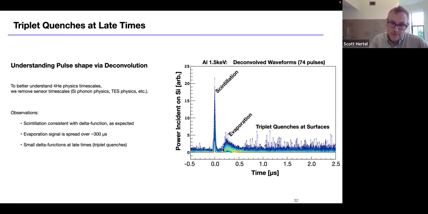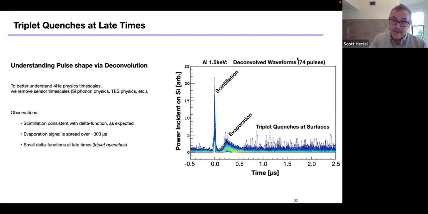After some time, you see a smeared region. So the evaporation is not occurring as a delta function. It's spread over some hundreds of microseconds. And then after that, you see many small individual triplet quenches. These appear as delta function inputs of power, and they occur only after the pulse, not before.